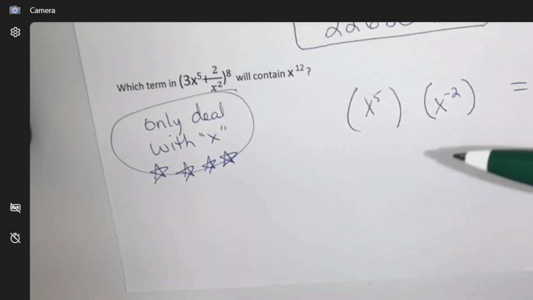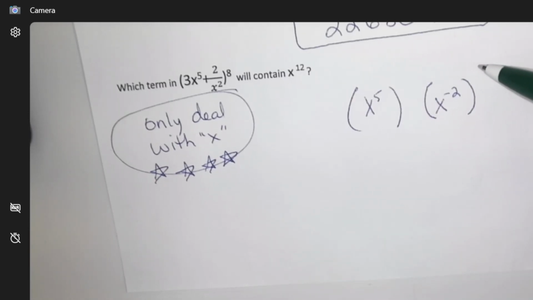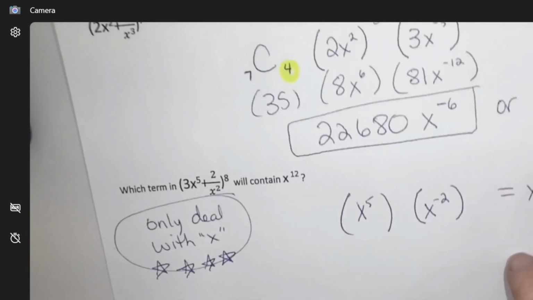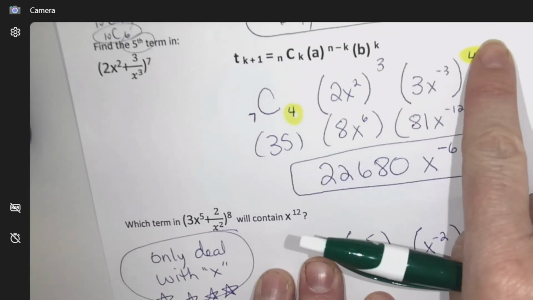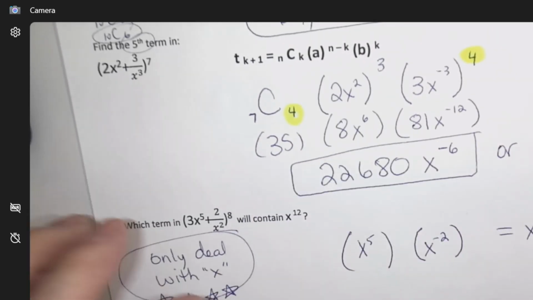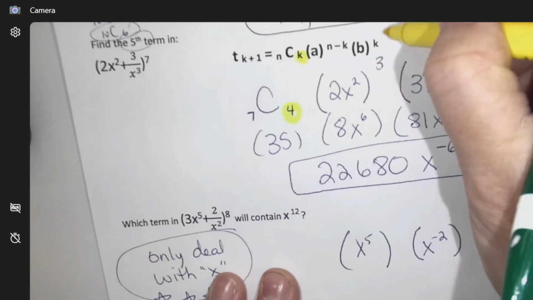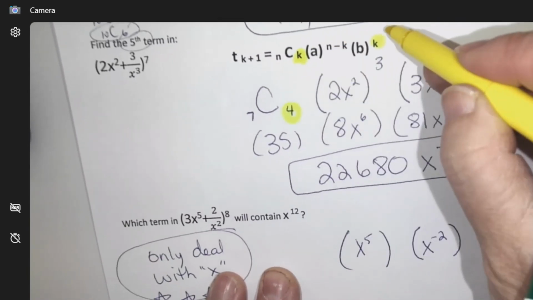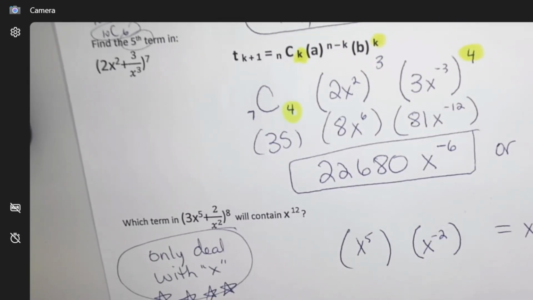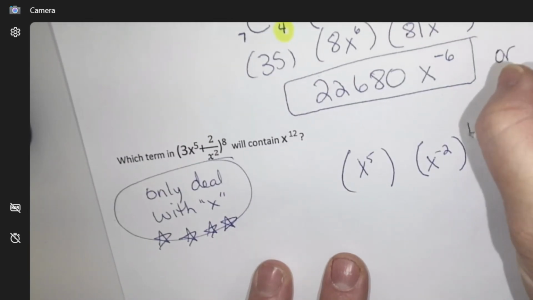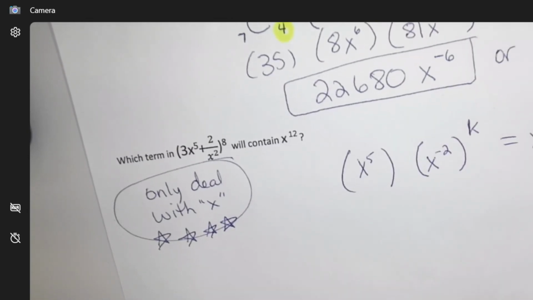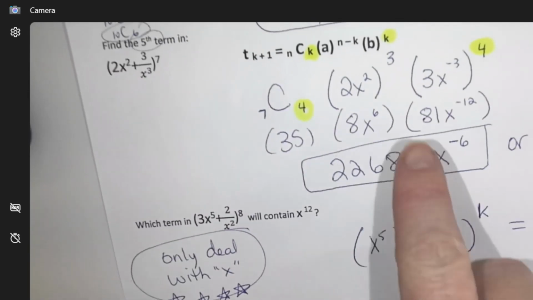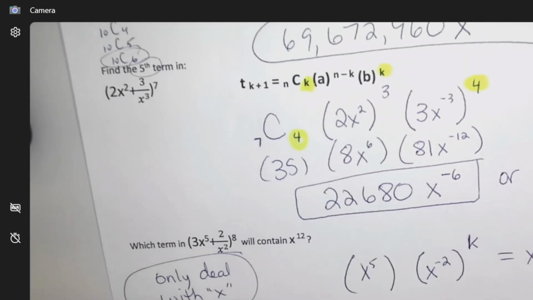Okay, what do we always put on the outside? On the last thing is always our k number, right? Our choose number. And what do we always put here?